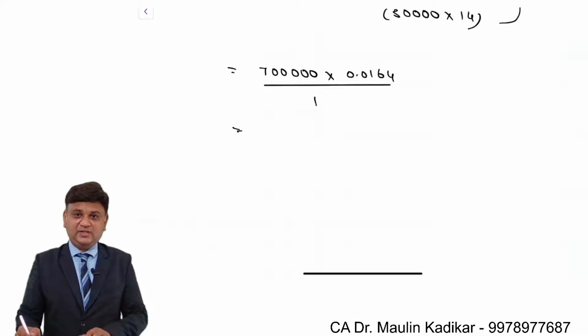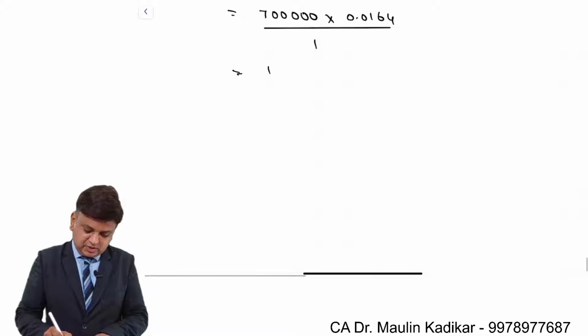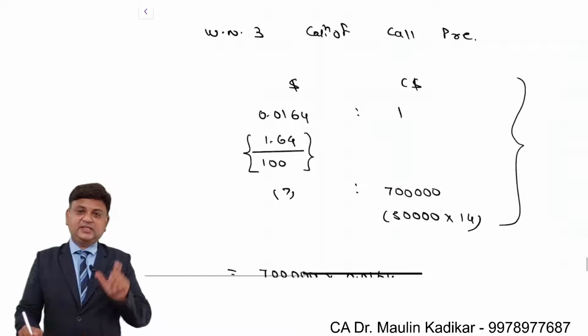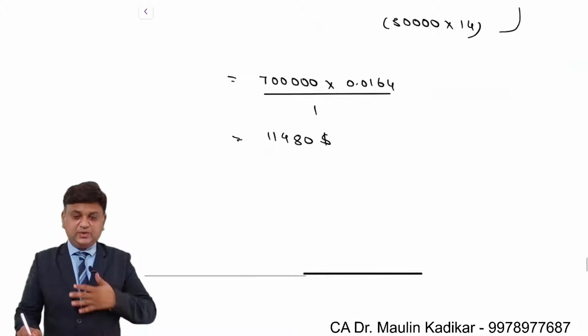That comes to 11,480. So that is the amount of the dollar premium to be paid. And in my opinion, understanding that you have to buy the call option is very important. That is what I believe.